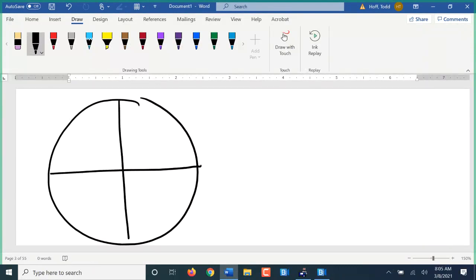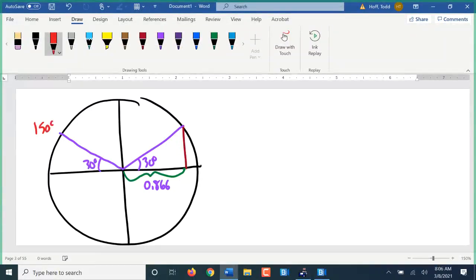Cosine actually is slightly simpler. I have 30 degrees here, this is the sine. The cosine is actually this distance, right? 0.866. I go over here where there's a reference angle of 30 degrees. Once again, that's an overall angle of 150 degrees.